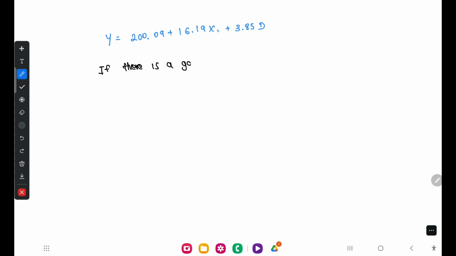If there is a garage, then y equals 200.09 plus 16.19x plus 3.85, we substitute 1.